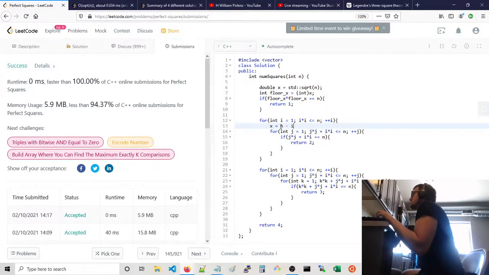X could be n minus i times i, and we can do the same deal.